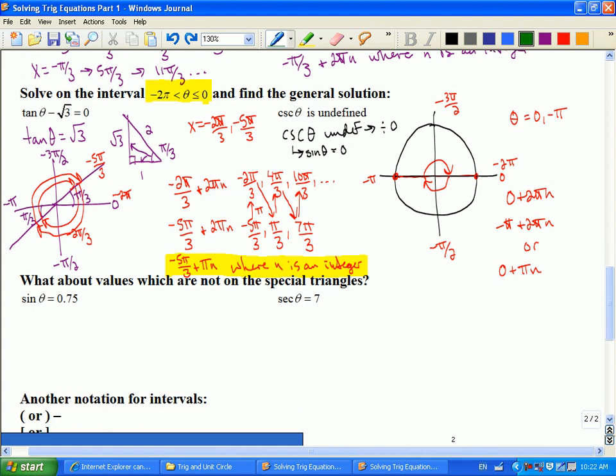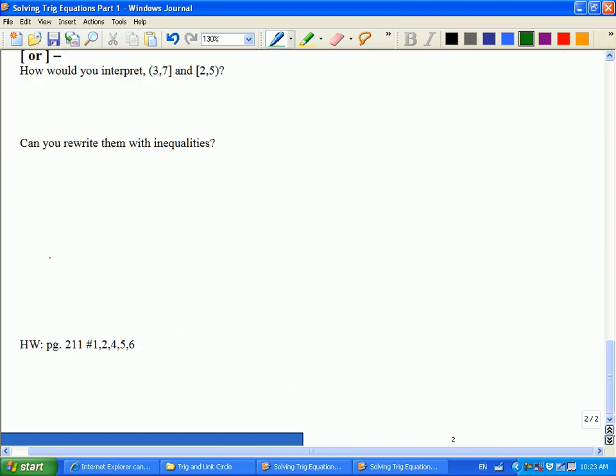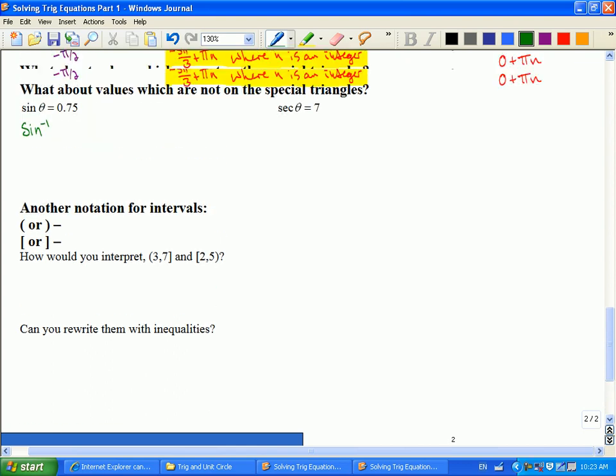Now, this is actually easier than what we've been doing, and that's what about if we don't have values from the special triangles? And that just means you have to use a calculator to do it. So do you guys remember how to go backwards? How do you find, if sine of theta is 0.75, how do you find the angle? Yeah, it's the inverse. So in your calculator, and let's work on radians here.